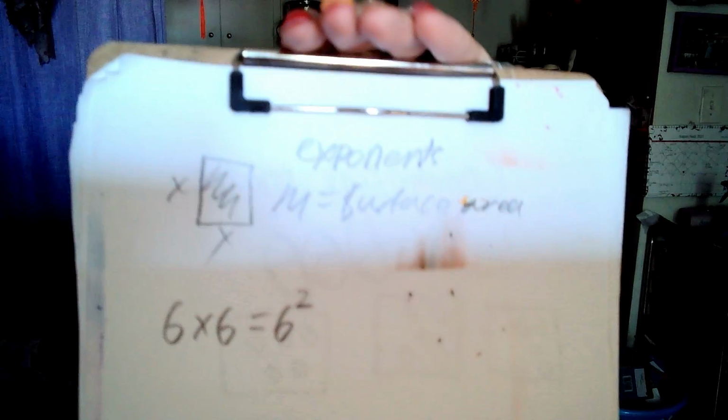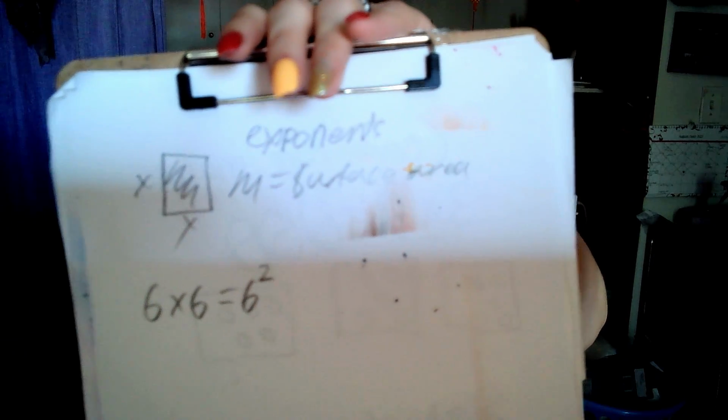Now, say that we have 6 to the square. 6 to the square is like saying 6 exponent 2. So it would be like saying 6 times 6 equals 6 squared. So you all see what I did. This is right here.